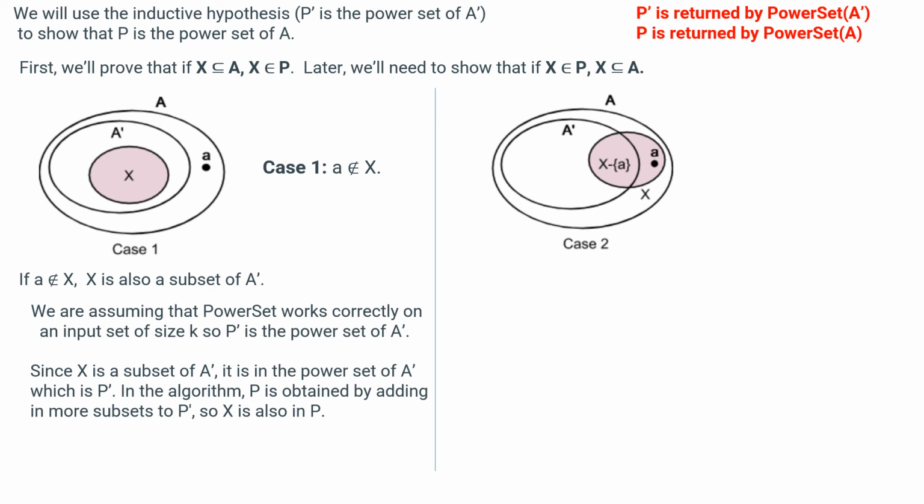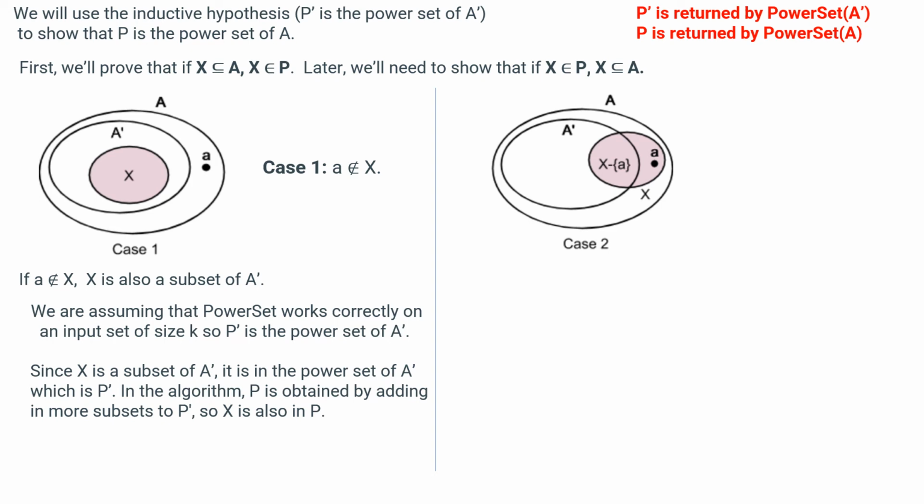Okay, so in the algorithm, the P that we end up with after we put in the capital A is obtained by taking what was in P prime and then adding more to it. So if X is a subset of A prime, then it's going to be in P prime, in the power set of A prime.